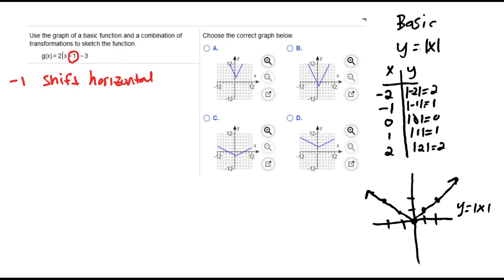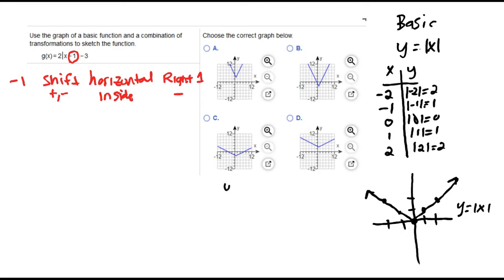Okay, so let me go back. Shifting happens when you have adding or subtracting. I know this is a horizontal shift because that -1 is on the inside of the absolute value. And because it's a minus, I know that I'm going to go to the right 1 unit. So that's my first transformation, I'm going to shift the graph 1 unit to the right.